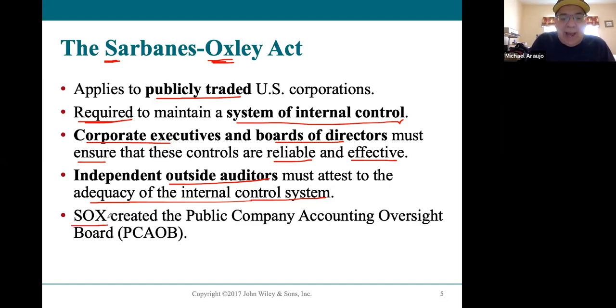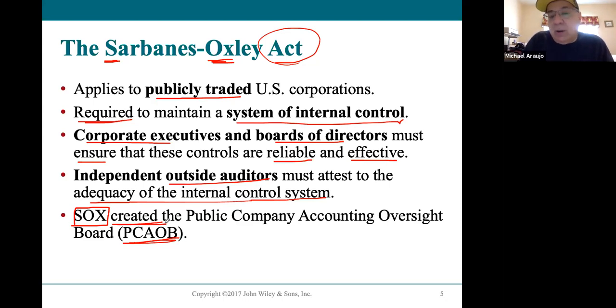The actual act, called SOX, Sarbanes-Oxley, created a Public Company Accounting Oversight Board to enforce the law. Once Congress creates a law and the president signs it, it's up to the executive branch to say, this is how we're going to enforce the law.